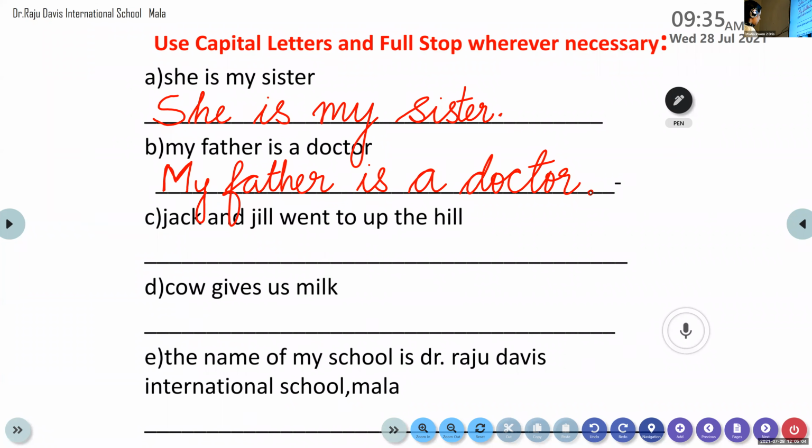If you're finished, give me a thumbs up, my dear children, so that I know I can move on to the next question. Raffan, where are you, Raffan? Are you writing?